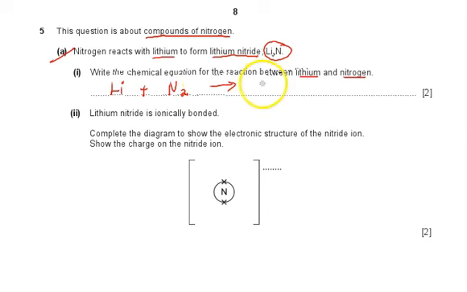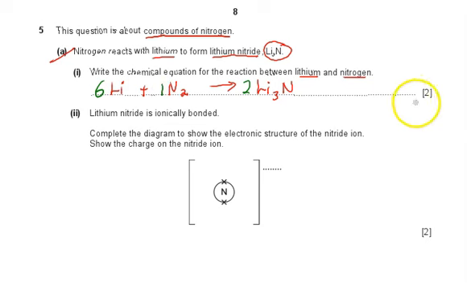So here we will have Li and N2. So we have to balance this. If we put 6 here, lithium will become 6 and nitrogen will be 1 over here. Okay, that's all for our 2 marks.